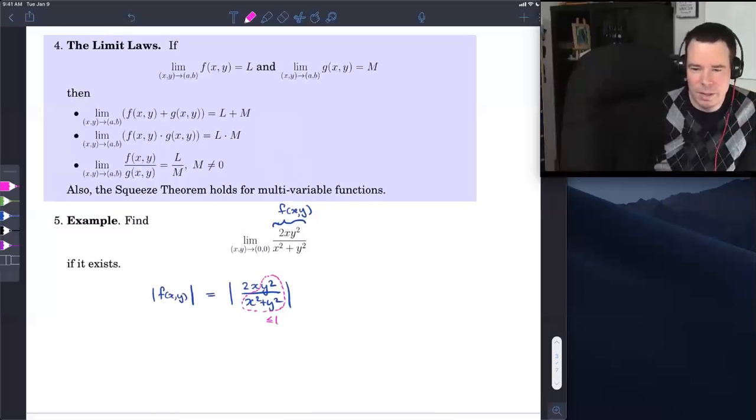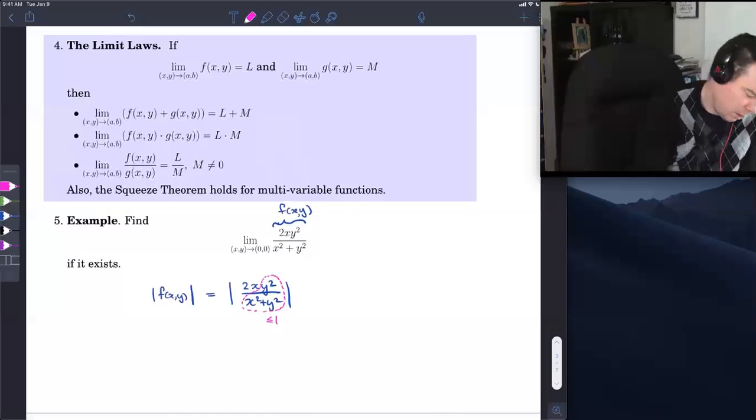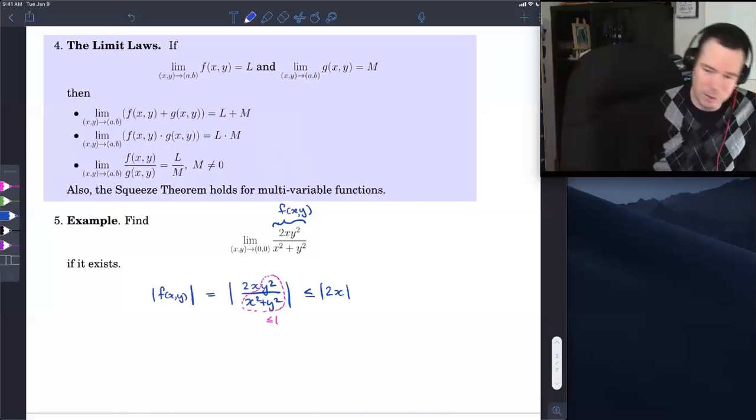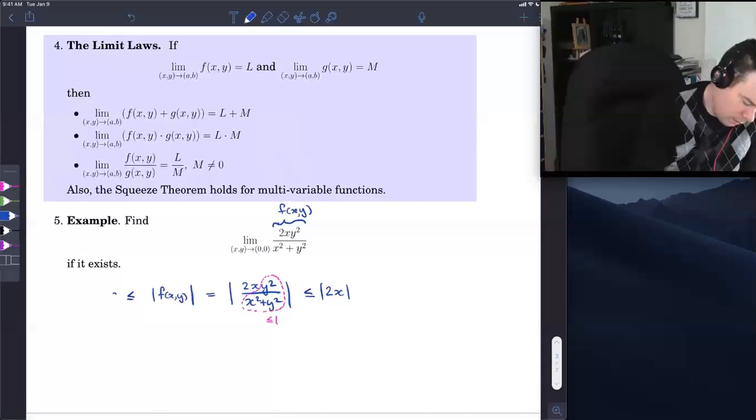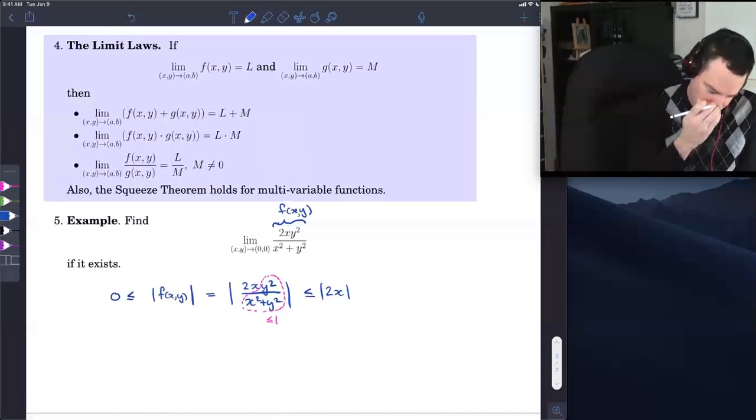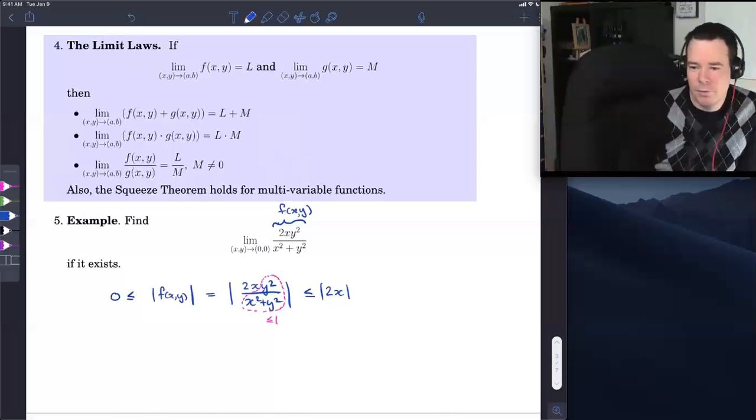So that forces that ratio to be at most 1, which is nice because that's at most 2 times x in magnitude. And so I have also that this is at least 0. So this tells me that my function f(x,y) is trapped between 0 and 2x in magnitude.